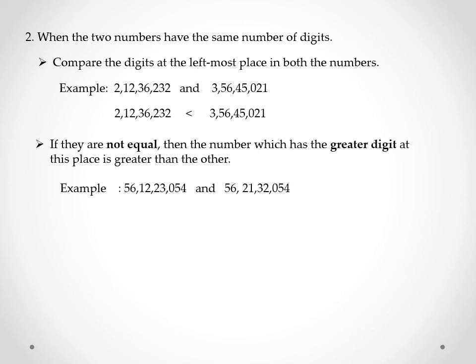Both numbers have equal digits. Compare the digits from left to right by place value. Look, the first two digits in both the numbers, which are 5 and 6, are the same, but the digits in the 10 lakh place are different. They are 1 and 2. So 2 is greater than 1.